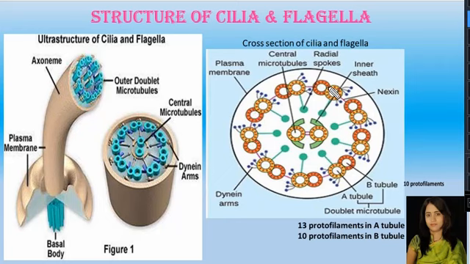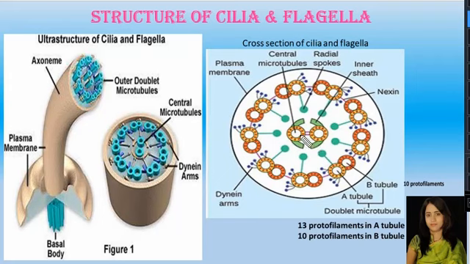You look at this, these are peripheral doublets and they are 9 pairs. Look at this, 1, 2, this is one pair. So 1, 2, 3, 4, 5, 6, 7, 8, 9. So this arrangement of the microtubules is known as 9+2 array.